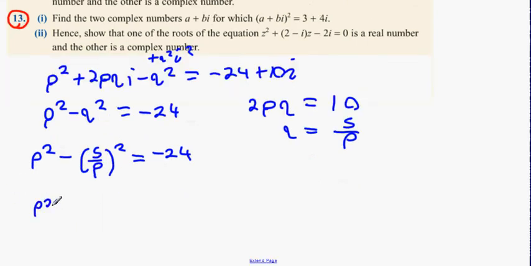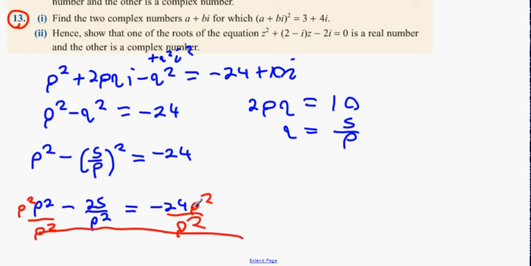And then you're going to get p squared minus 25 over p squared equals minus 24.